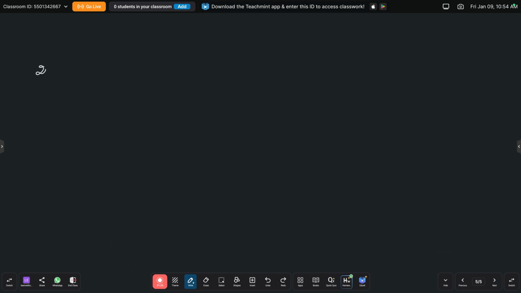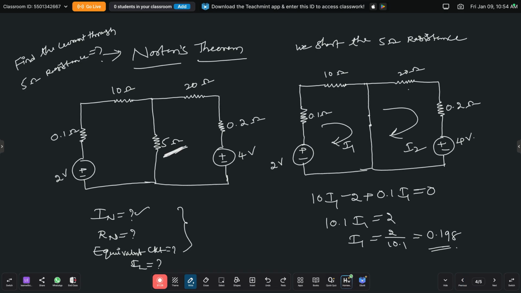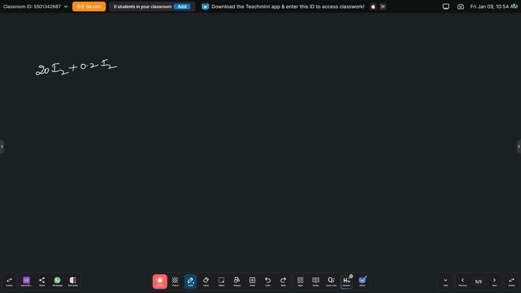That is 20I2 plus 0.2I2 plus 4 is equal to 0. So by simplifying this equation we get 20.2I2 is equal to minus 4.